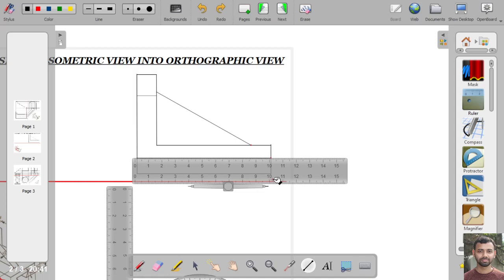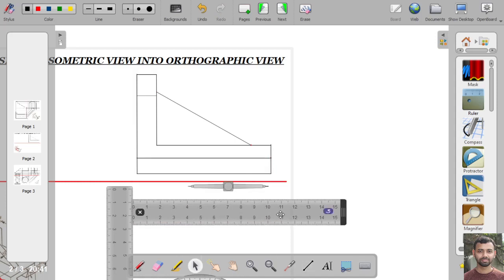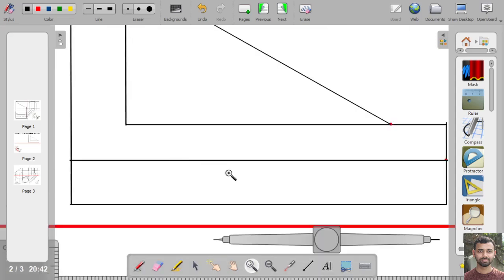Okay, now as it is the internal feature, obviously it will be shown with the help of a dash line. So we will convert it into a dash line.